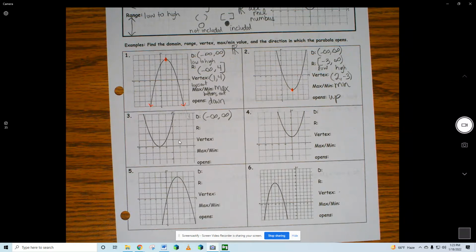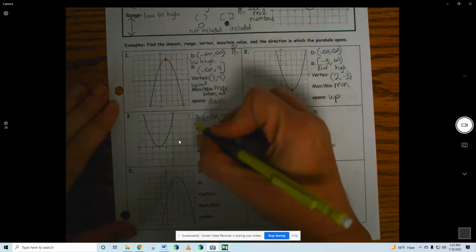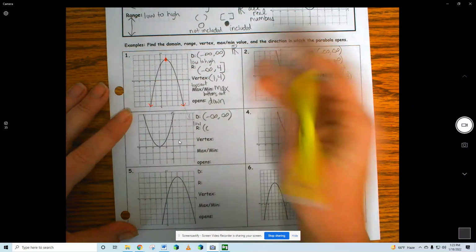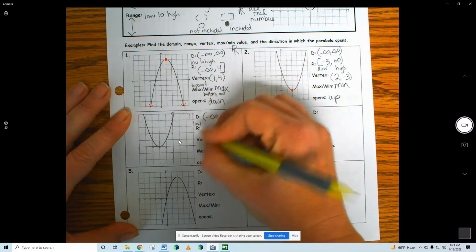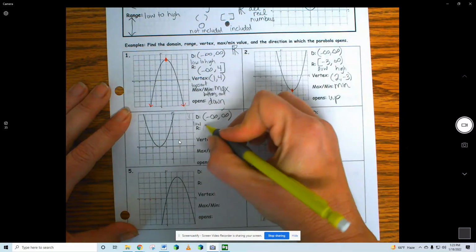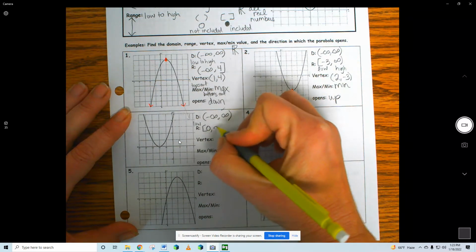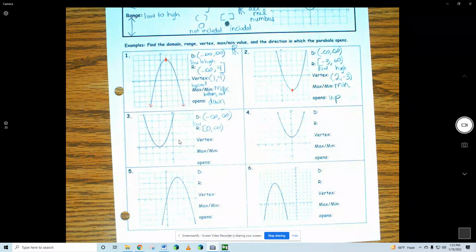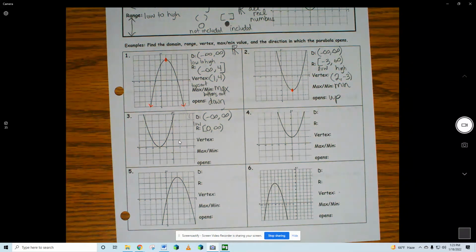Low to high. Range is low. 0. Oh, it touches 0. Bracket 0. And it goes up to infinity. Low to high. That's what you need to memorize the difference between. Domain goes from left to right. Range goes from low to high.